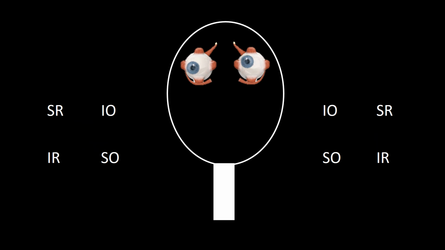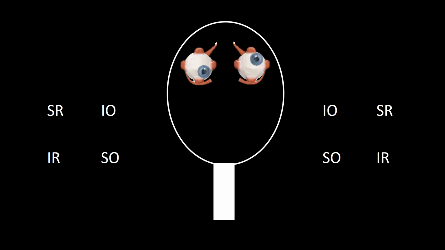During right gaze, the vertical position of the right eye is maintained by the opposing forces generated by the contraction of the right superior rectus and the right inferior rectus, whereas the vertical position of the left eye is maintained by the opposing forces generated by the contraction of the left inferior oblique and left superior oblique.